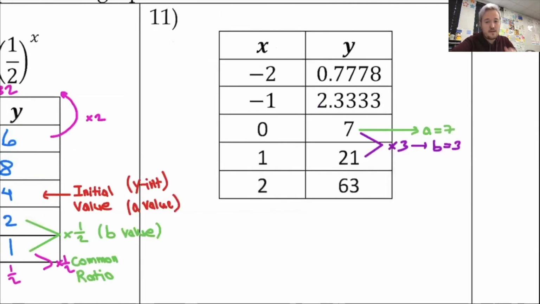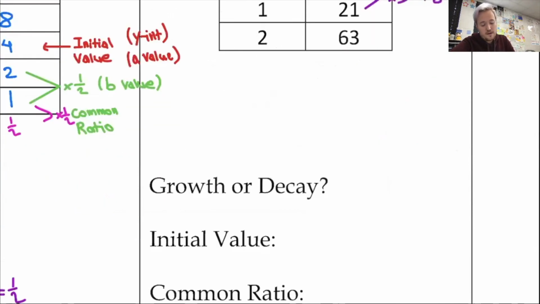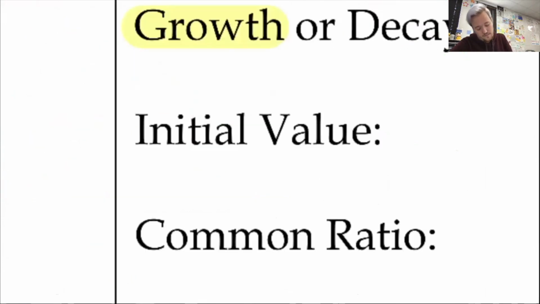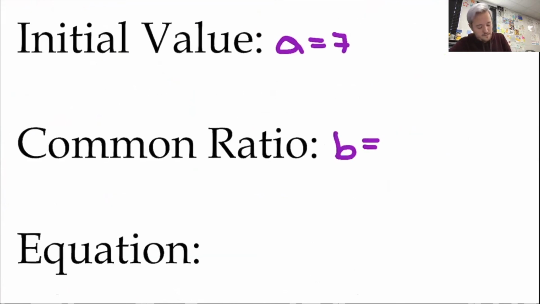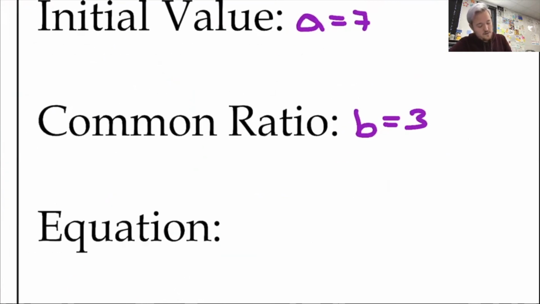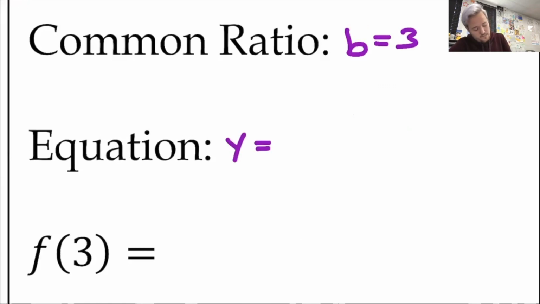All right, and because the numbers are getting bigger, that also implies we're going to have a growth. All right, so we know we have an initial value of 7. A equals 7. Then we have a common ratio of 3. So I'm going to use that information to write my equation.